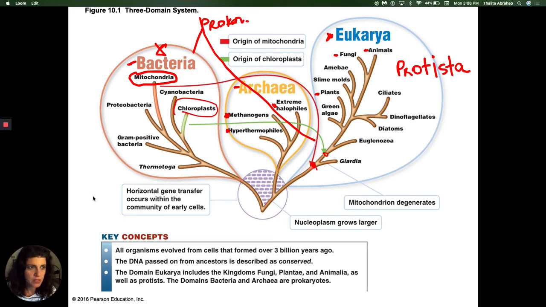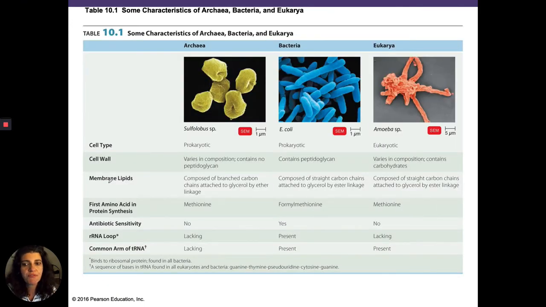So that's the Protista, right? And now we're going to talk about differences between the three domains, which are bacteria, archaea, and eukarya. What I want to highlight, and this table is from the book, right? Archaea and bacteria are prokaryotic. Eukarya, eukaryotic, obviously.